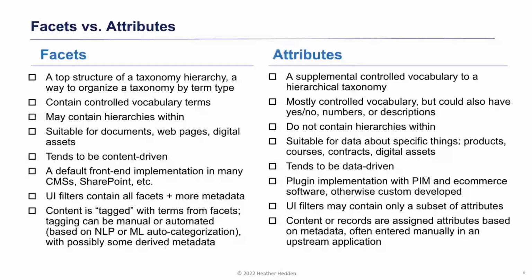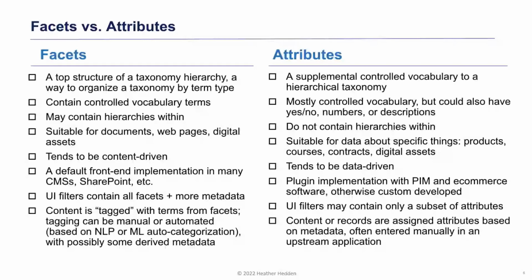Now, as far as implementation, facets are often a front-end implementation in many CMSs, like SharePoint. You have your refinement panel, and that's facets. You don't have to set up attributes or anything. With attributes, it's very common with products.